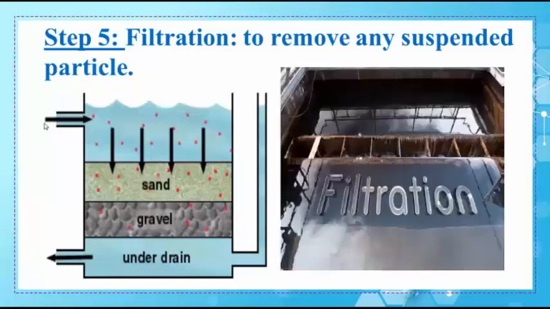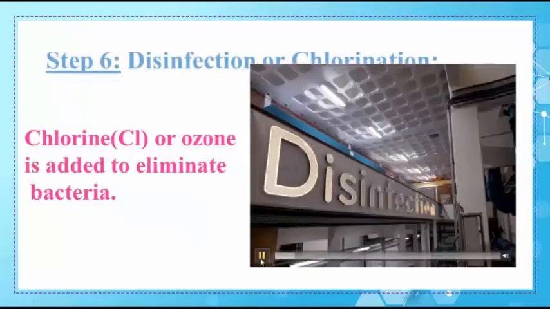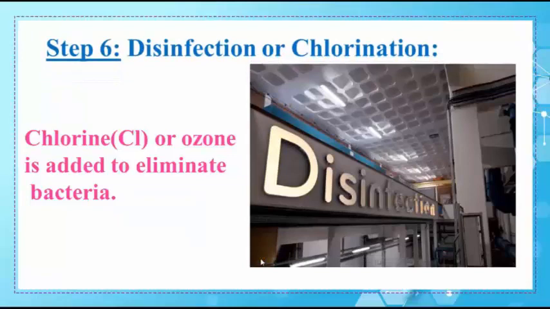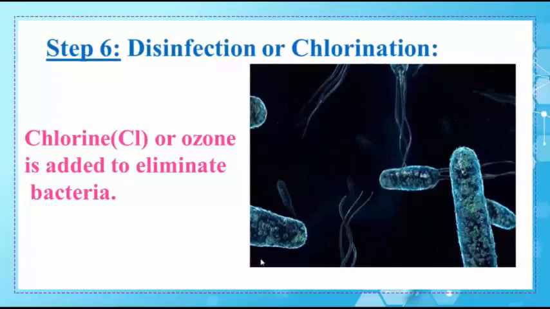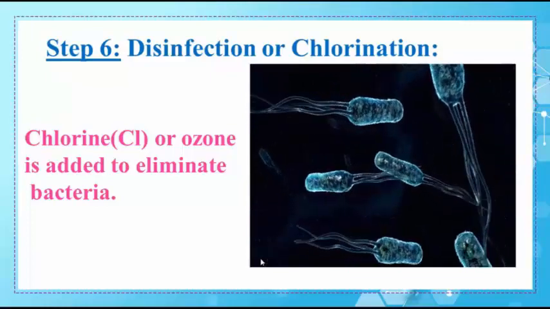So as you can see here, the water enters from here and passes through the sand and gravel. During the passage, any suspended particle will be trapped here, and then the filtered water will pass from here. The final step is disinfection or chlorination, where the bacteria found in water can be eliminated using chlorine or ozone.